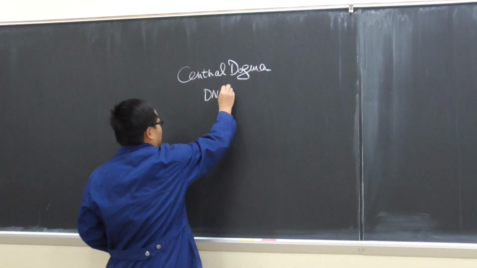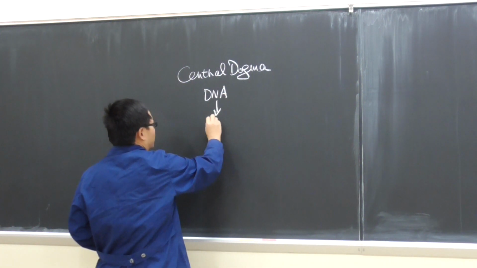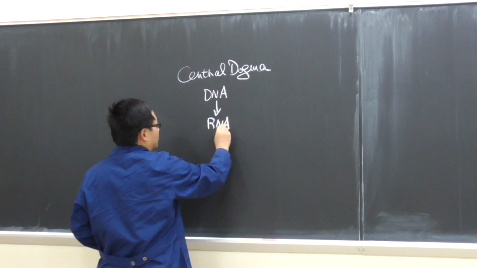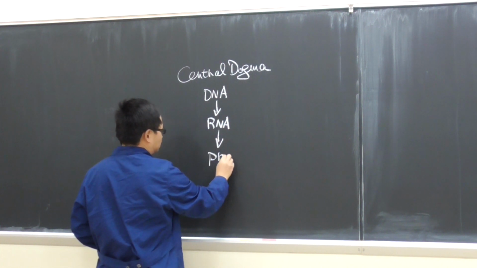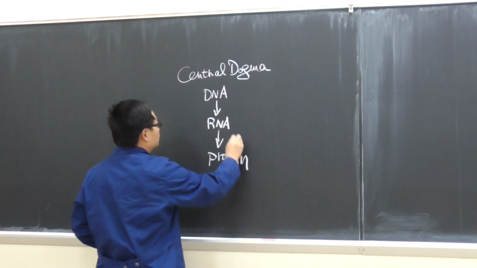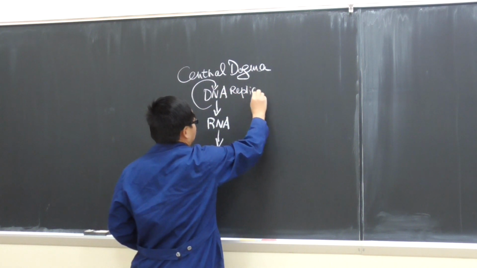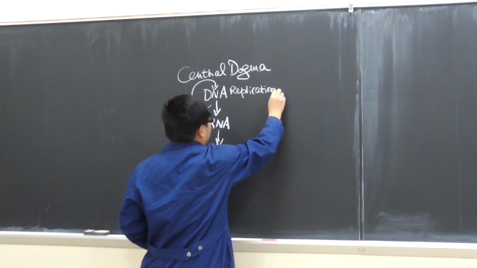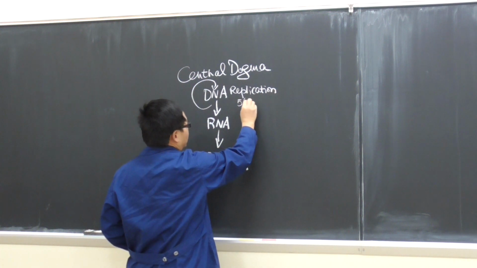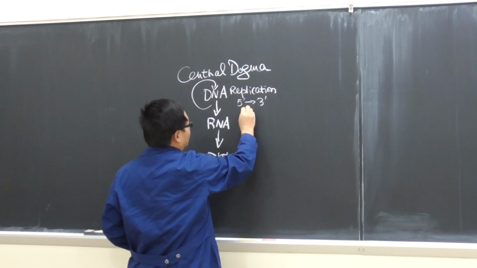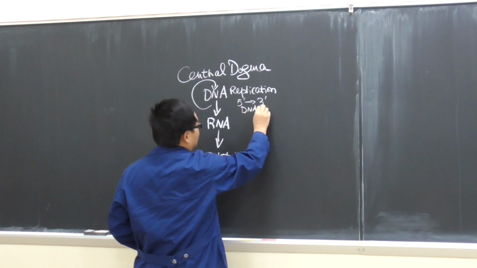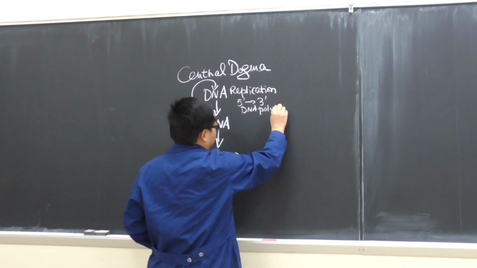This is DNA goes to RNA, and RNA goes to protein. And we already talked about the DNA replication, and we mentioned that this is always 5' to 3', relying on DNA polymerase.